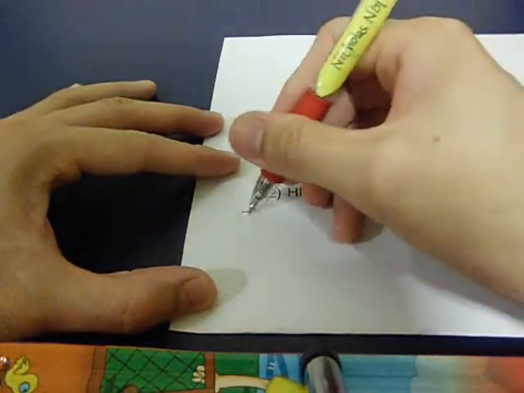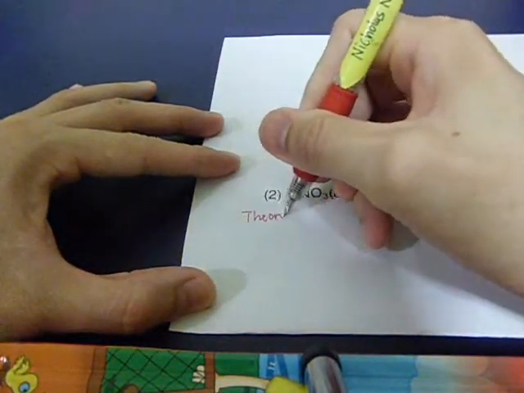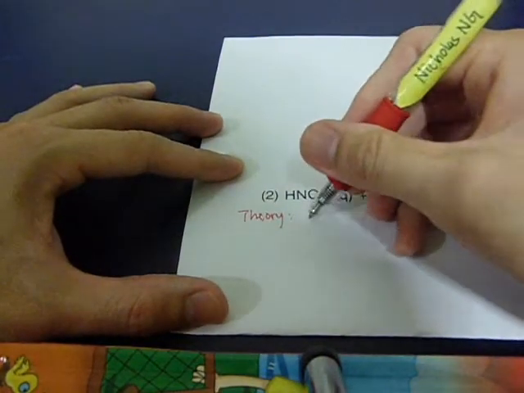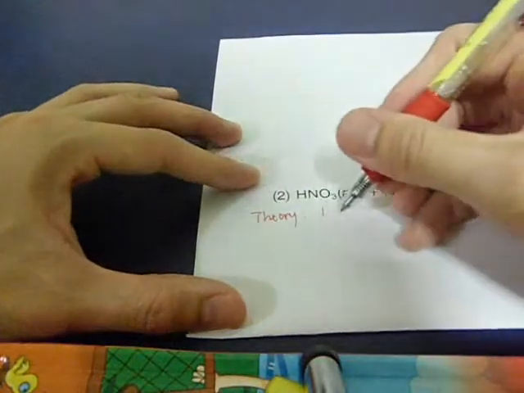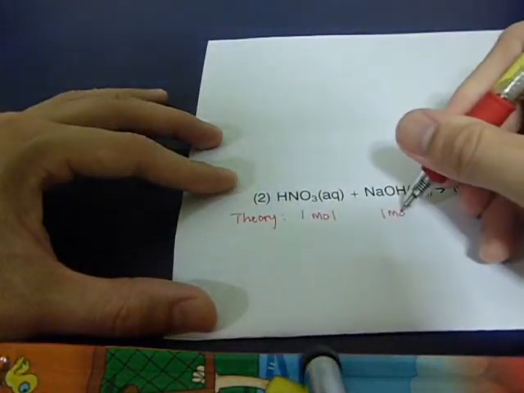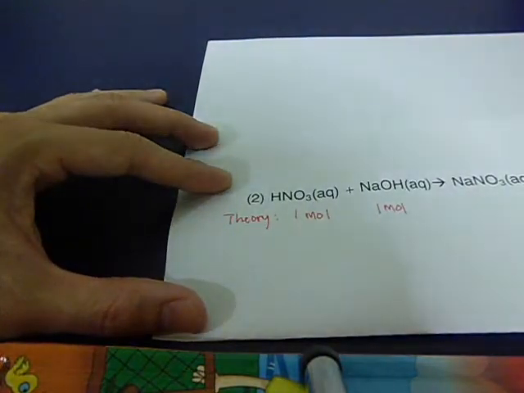So same thing, I write down here, in theory, that would be according to the balanced chemical equation. In theory, 1 mole of nitric acid reacts with 1 mole of sodium hydroxide.